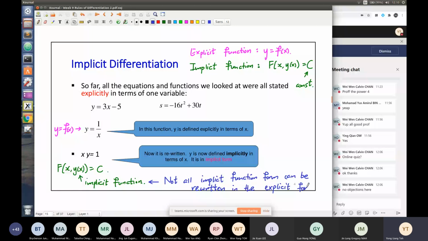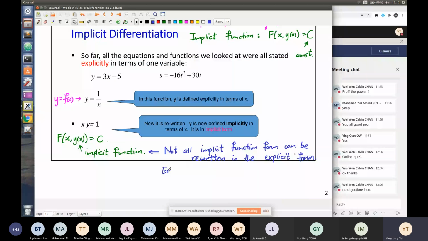Let me give you an example. As I mentioned just now, you have seen x squared plus y squared equals 4, for example. If you want to rearrange to get your y, then y is actually plus minus square root of something.